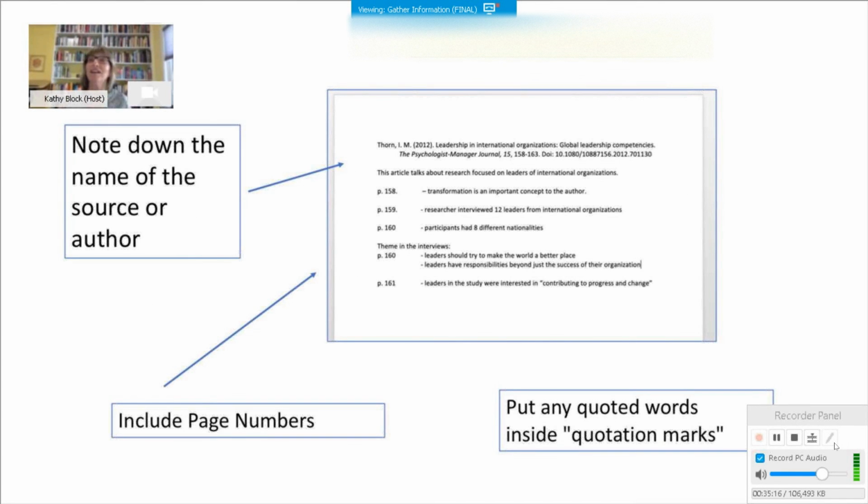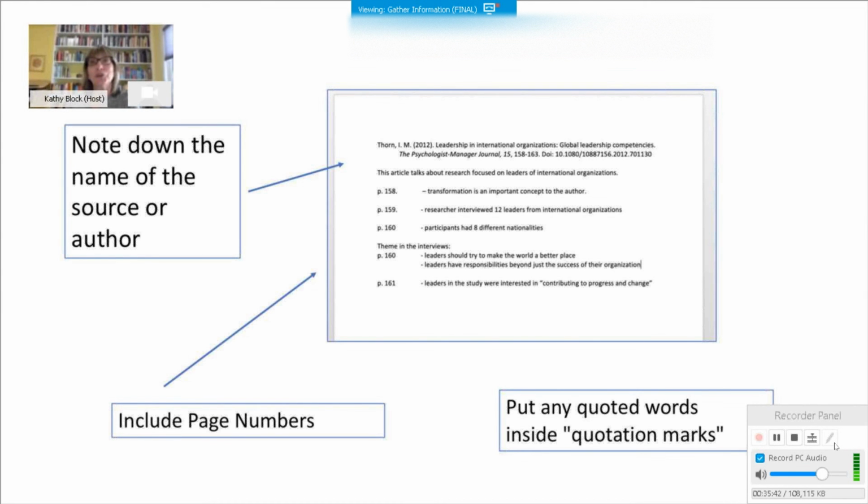A couple of last thoughts on note-taking, some really practical tips to incorporate as you develop your own system of note-taking. Always be sure to note down at the top of your notes the name of the source or the name of the author of the source so that you remember where the specific bits of information in your notes come from.